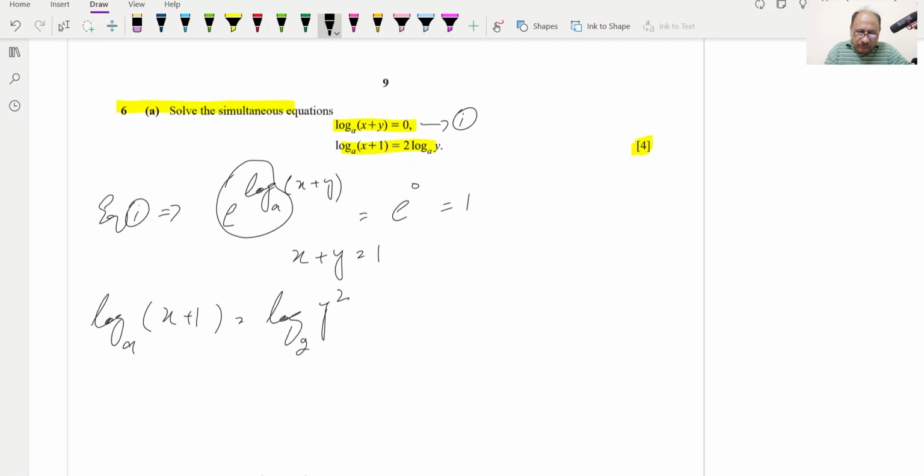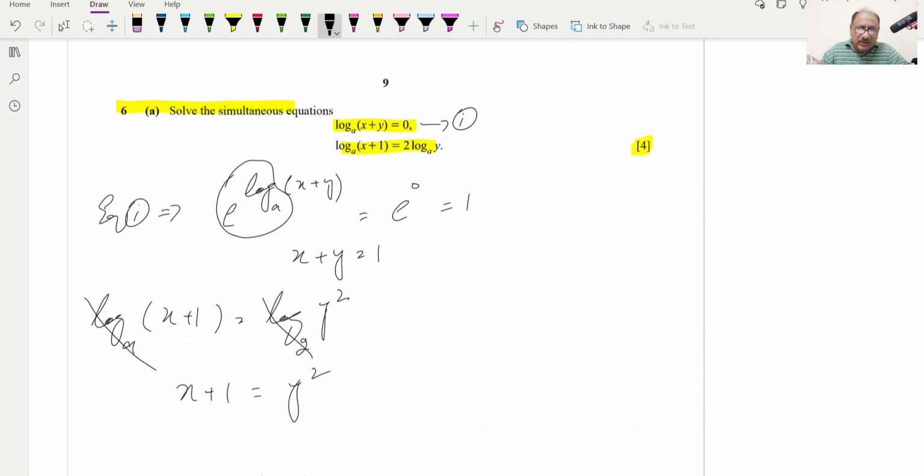Now we can remove the log, and our equation will become x plus 1 is equal to y squared. Removing the log is done by a proper method, like taking e power or the anti-log. So we just leave the log, and x plus 1 is equal to y squared.